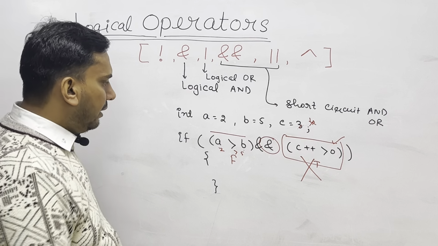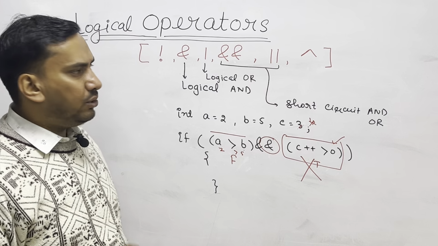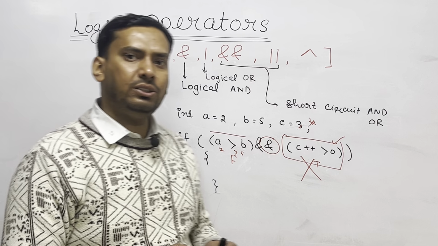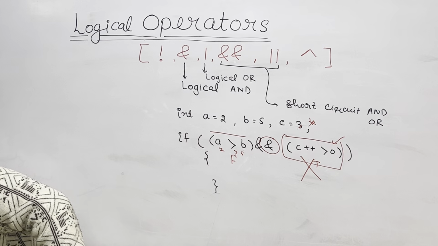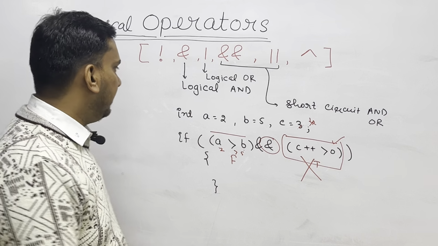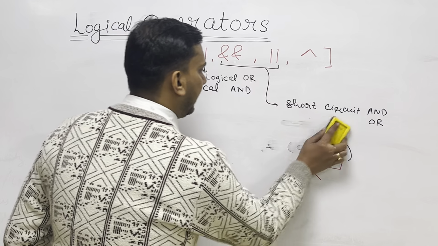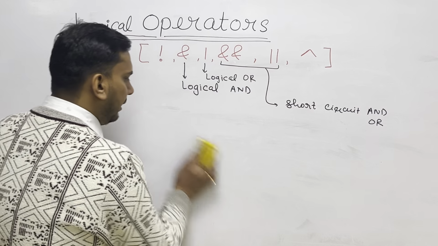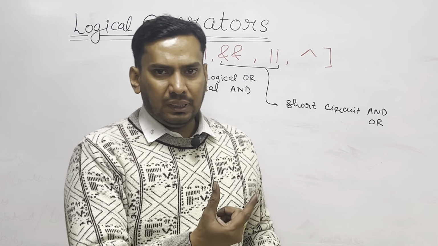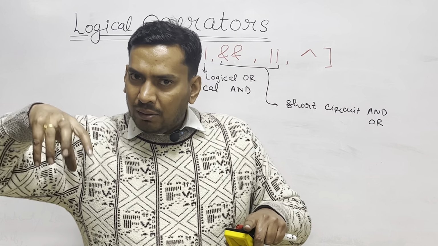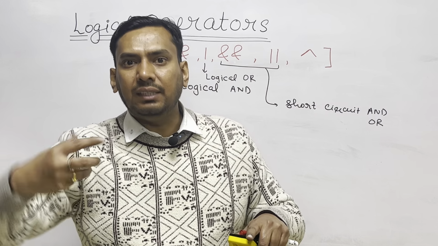So the important point here is that short circuit AND or short circuit OR is basically meant for primary and secondary conditions. What is the meaning of primary and secondary condition? When I want to execute a particular expression only when the primary condition is satisfied.